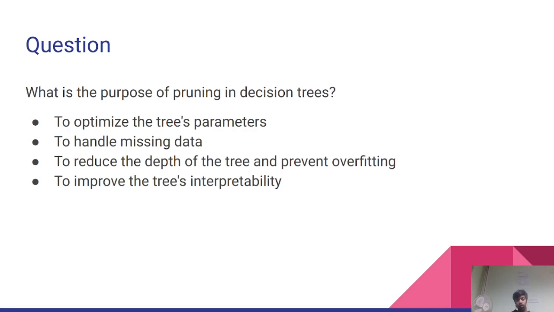Also, if we reduce the depth of the tree, it becomes computationally less expensive, and you can come to a decision earlier compared to the full tree. So the main reason is to prevent overfitting, and this is also another reason.